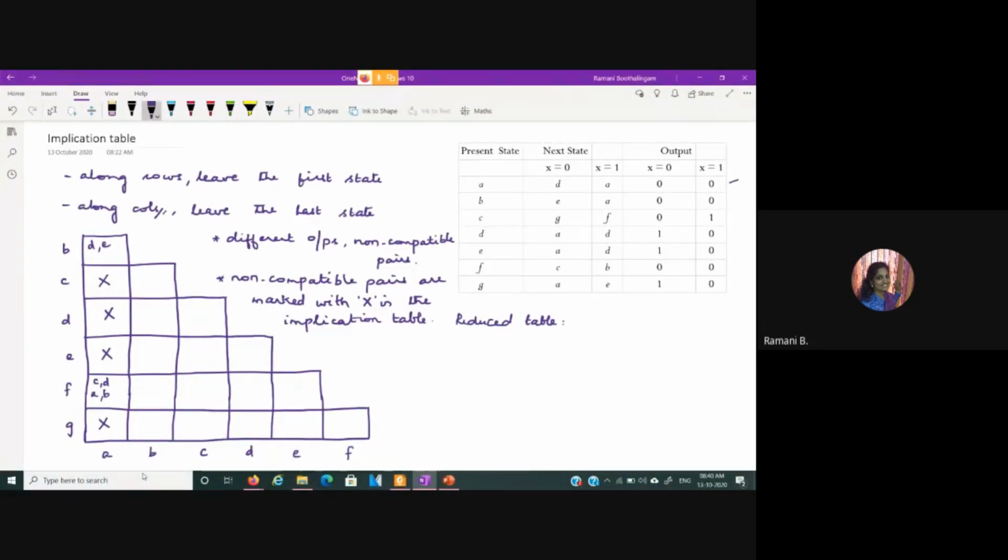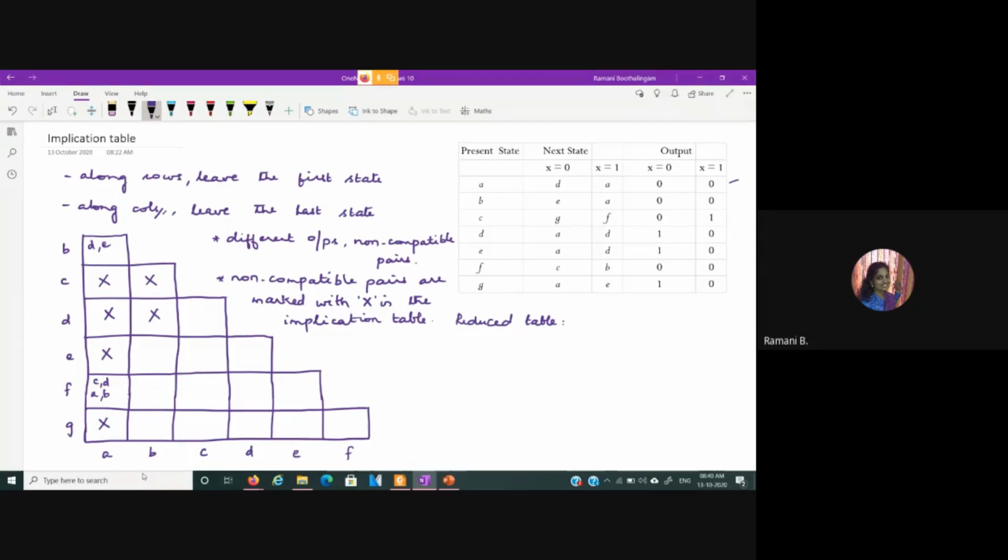Now we need to compare B with the rest of the states. However, B with A comparison is already over. So we always go from top to down. Comparing B with C, it is clearly seen that the outputs are different. So we give an X mark. Then B with D, again the outputs are different.